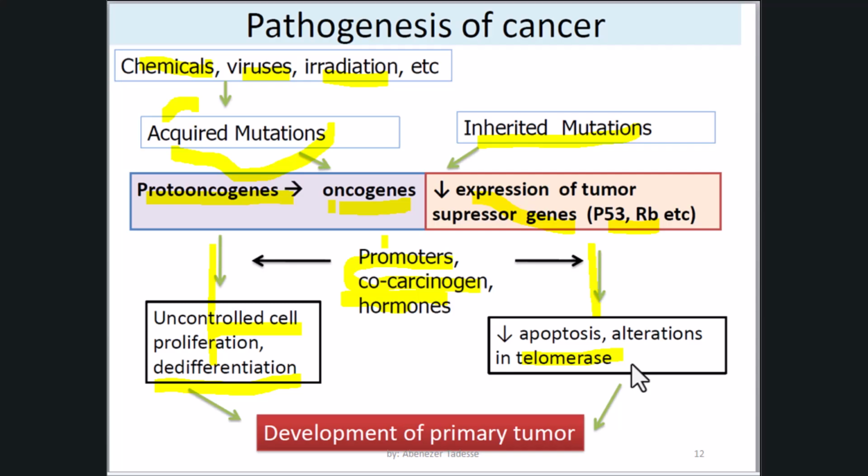So these can further go into the cell cycle and replicate, resulting in the development of a primary tumor. This primary tumor is localized within a specified area, but it can also infect nearby tissues.